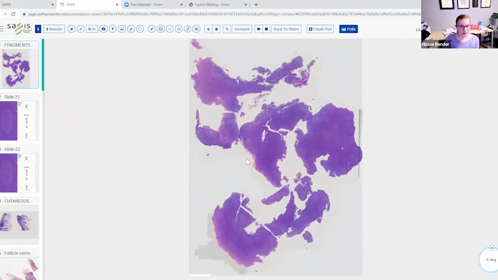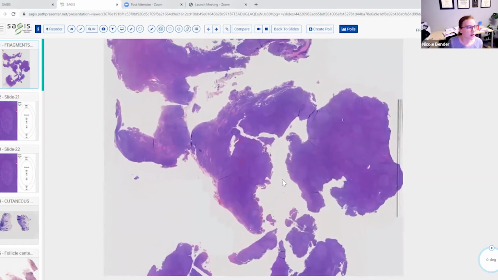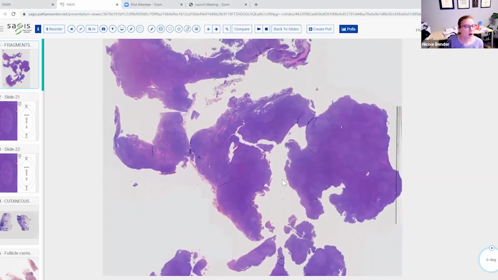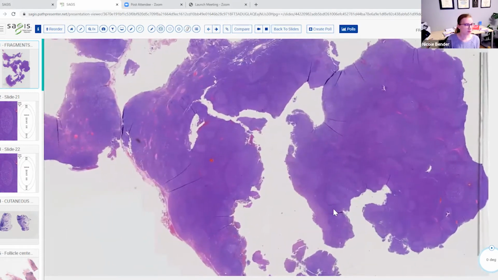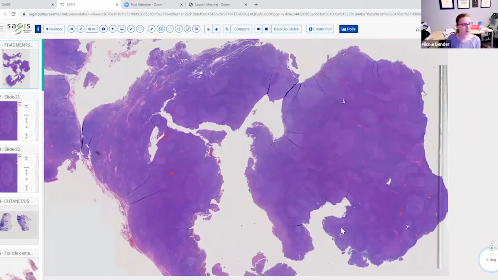The first case I gave to you guys was actually just a reactive lymph node. This is just to provide some background so that we can jump off after we review some of the normal architecture of a lymph node.